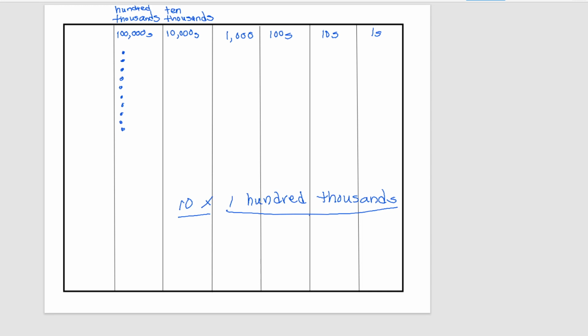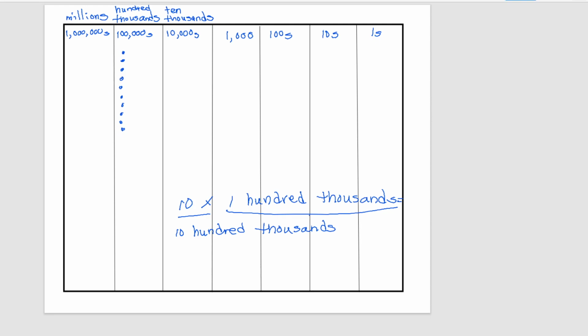And so we end up with 10 100,000s. And when we group that together and move it to the next highest place value, we have 1 million. So this is our millions. So as we multiply by 10, we're moving from right to left in the table, and each one is 10 times more than the one to the right.